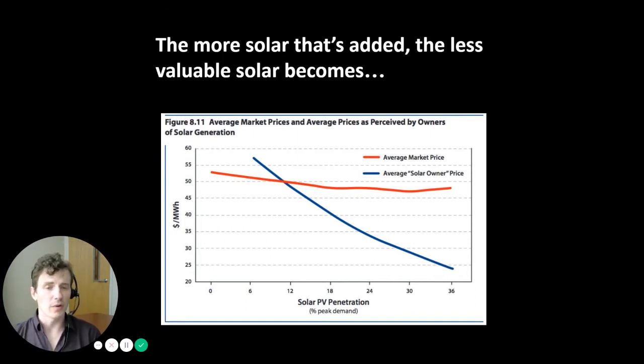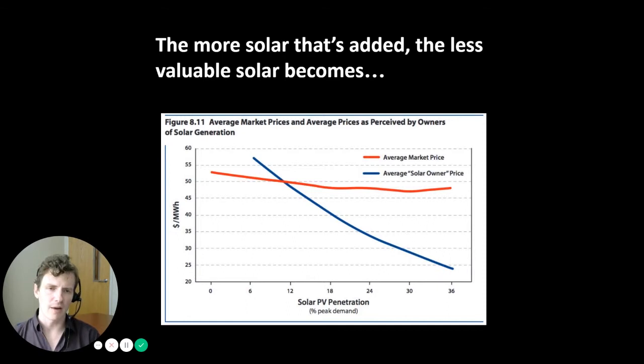And if you're a generator that can only produce during that one period of the day, in other words, a solar farm, then adding more solar actually decreases the price and the value of solar. And so that's what this figure shows. This shows in red the decrease in the average market price for electricity as a function of solar PV penetration in a grid.